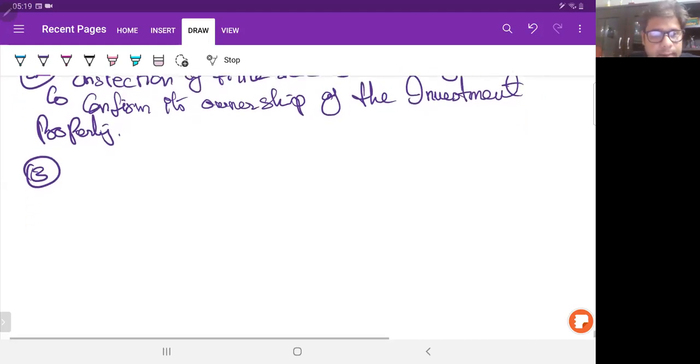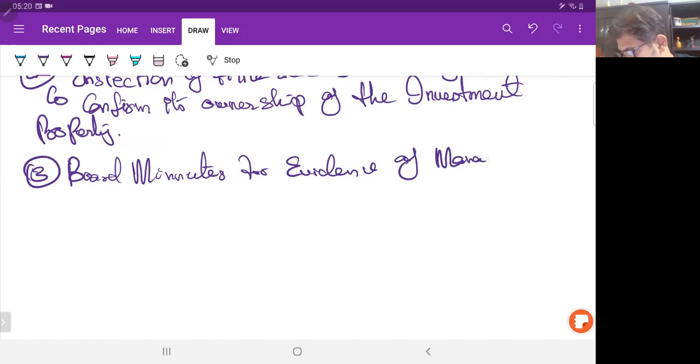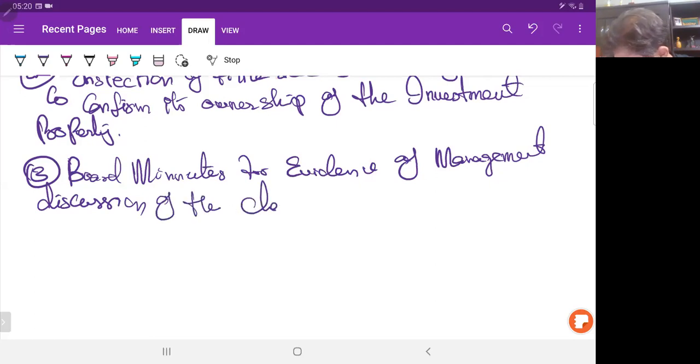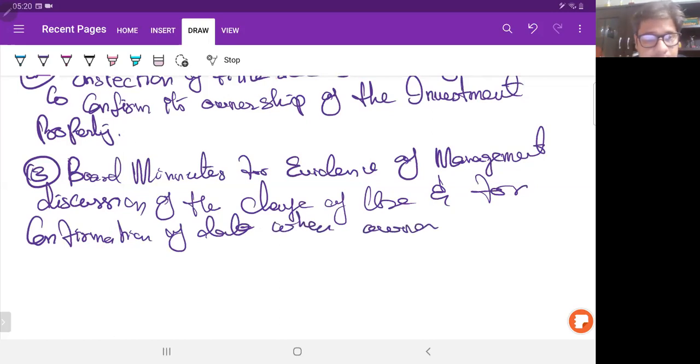Number three, board minutes for evidence of management discussion of the change of use and for confirmation of the date when owner occupation ceased.